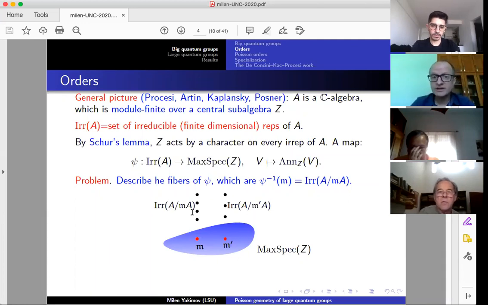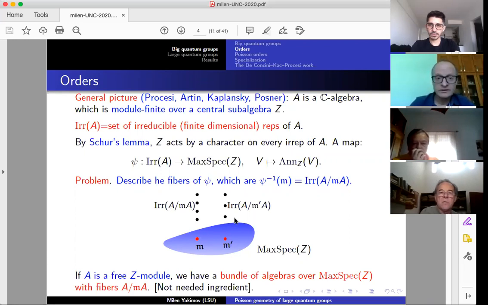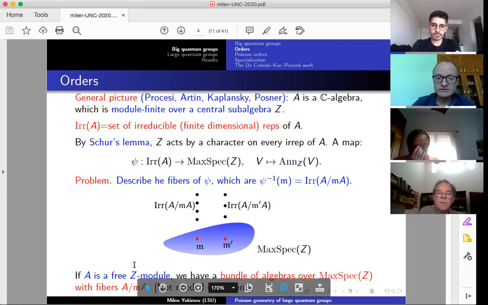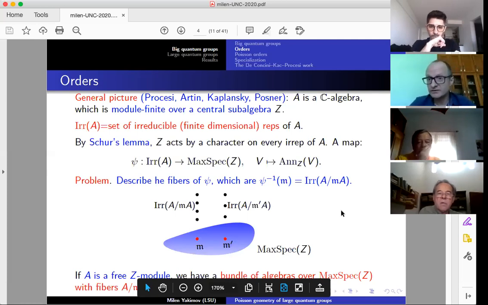This kind of picture has been studied by all these people, and there are lots of general results that have been proved in this full generality. If we're in the world of De Concini-Kac-Procesi, where A is a free module over the central subalgebra, we have an additional ingredient, these algebras A mod MA, they actually form a bundle of finite dimensional algebras over the base.